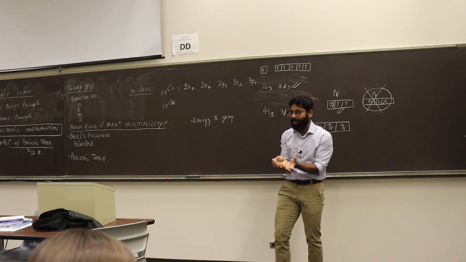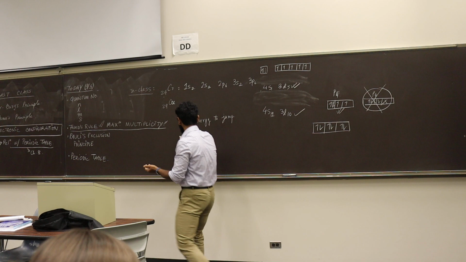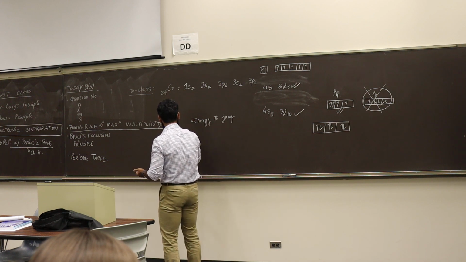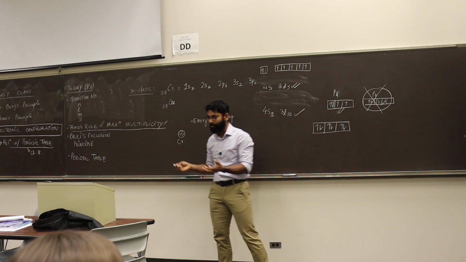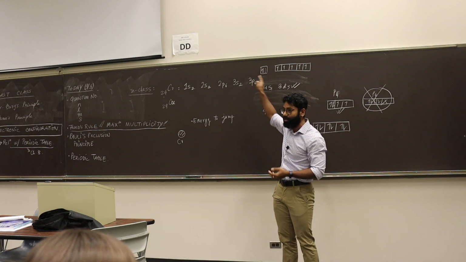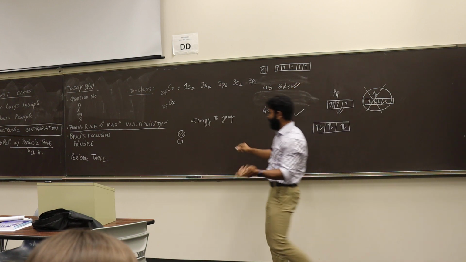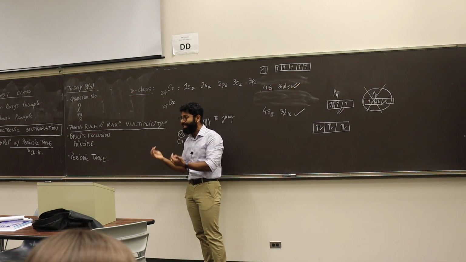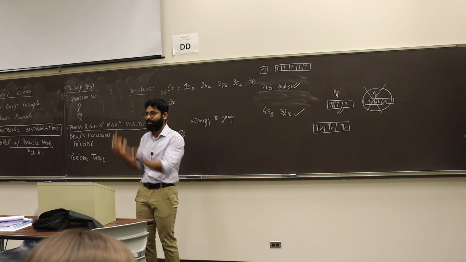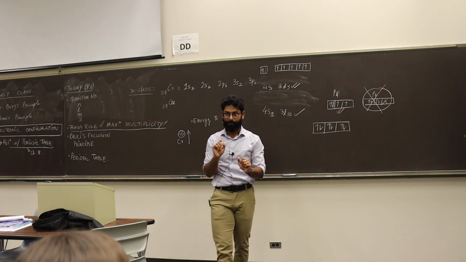So the atom probably needed that energy. Say you have that chromium atom. It needed this energy to jump its electron from this to this. When you take energy, what happens to your energy? It increases. So its energy must have increased.